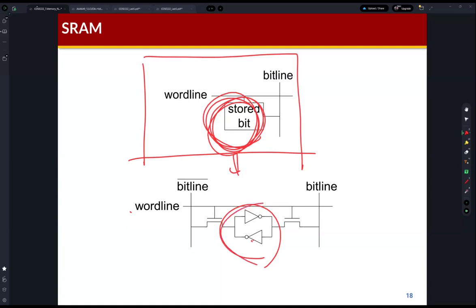And we can implement the SRAM using the same semiconductor technology, the same logic technology. So SRAM is very fast, and SRAM can be included in the same CPU chip, the same CPU die.